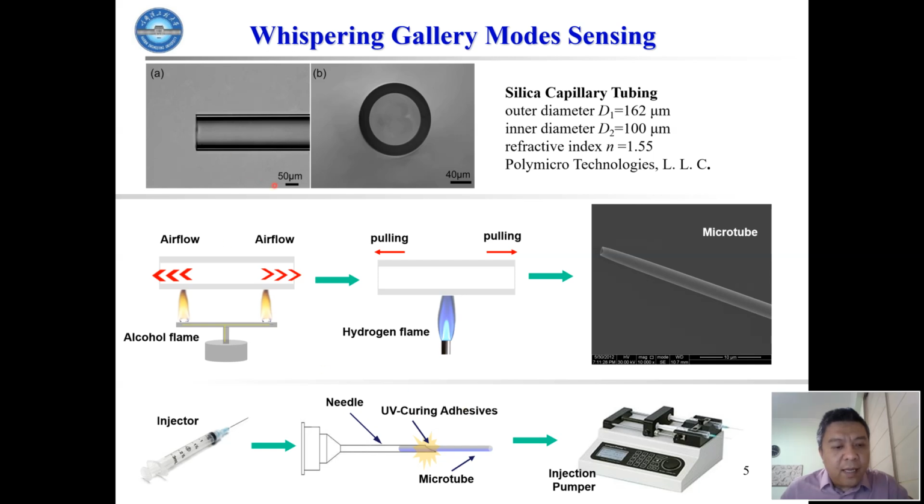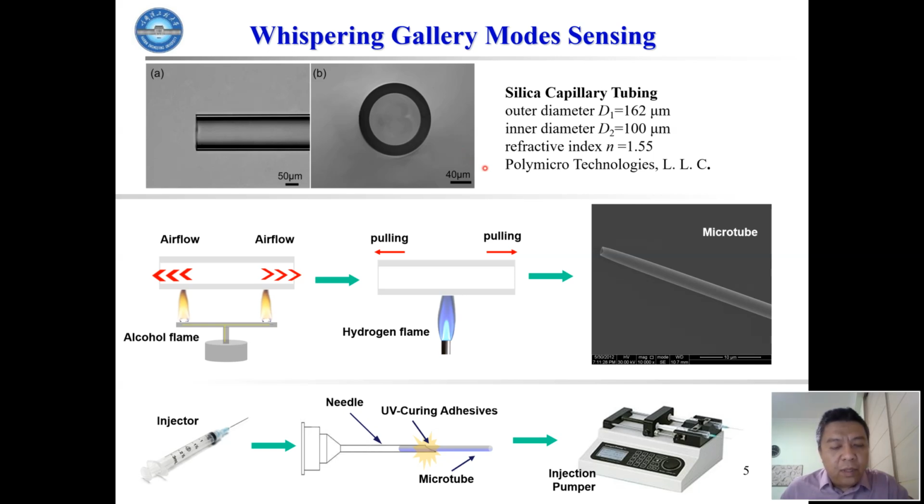The silica capillary tubing is bought from Polymicro Technologies. It has an outside diameter of about 162 microns and an inner diameter of about 100 microns.